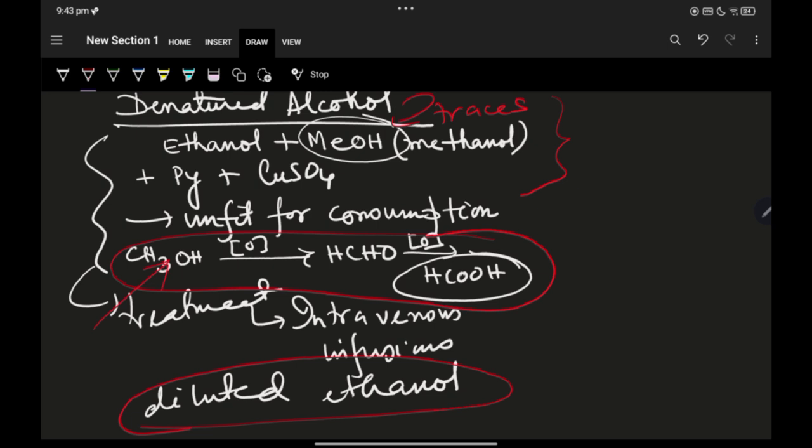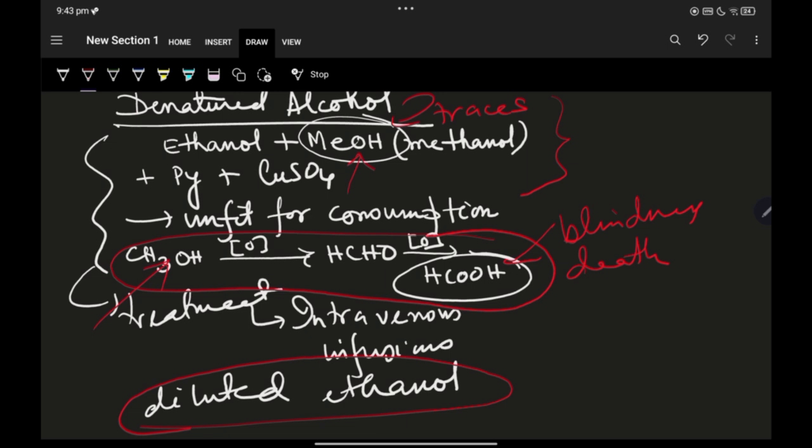If anyone consumes it, what happens is the methanol gets oxidized by the enzyme action to methanal and methanoic acid, which can cause blindness and can even cause death. So it's a threat to your body.